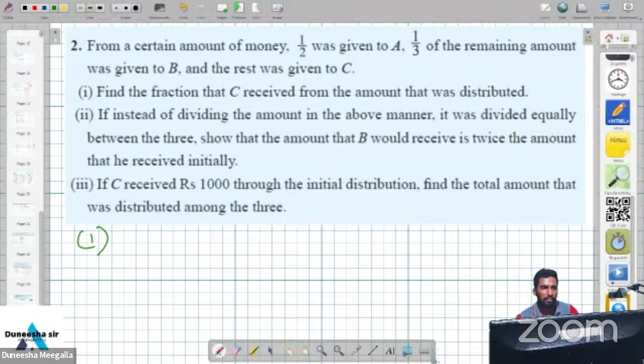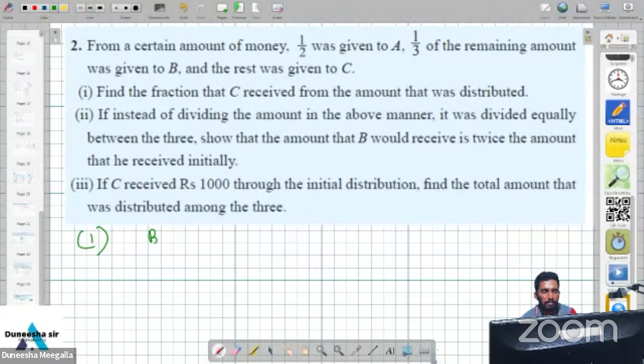Okay, from a certain amount of money, 1/2 was given to A. Then 1/3 of the remaining amount was given to B, and the rest was given to C. Find the fraction that C received from the amount that was distributed. Okay, then what is the first?